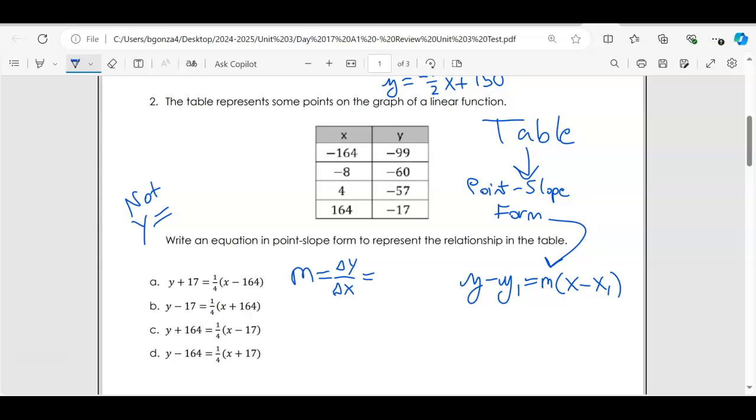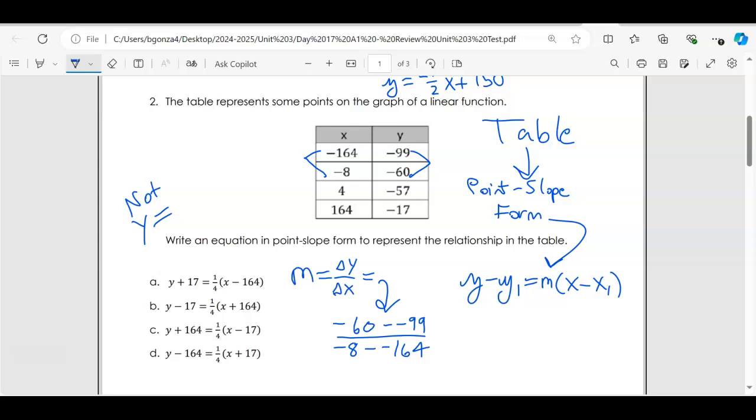So what I'm going to do is, on the y side, bottom minus top, negative 60 minus negative 99, over, and then I go to the x side, bottom minus top, negative 8 minus negative 164.